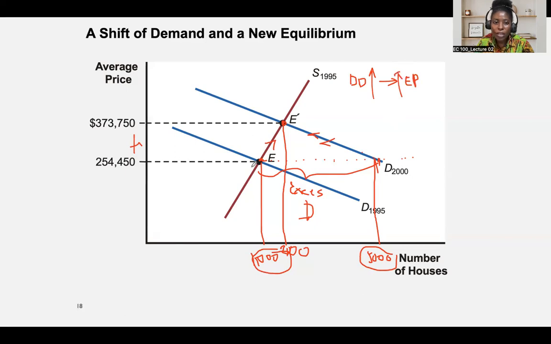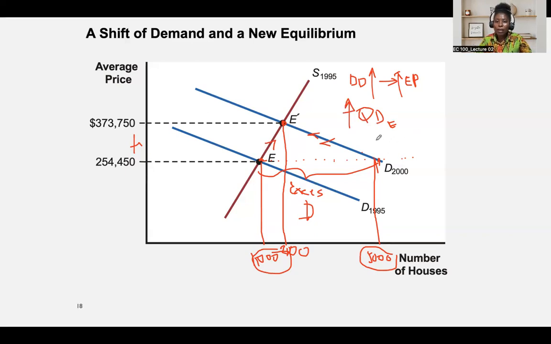When equilibrium price increases, what happens to the equilibrium quantity demanded? Earlier at equilibrium, it was 1,000 units. The new equilibrium point is now 2,000. So we see that the equilibrium quantity demanded has also increased.